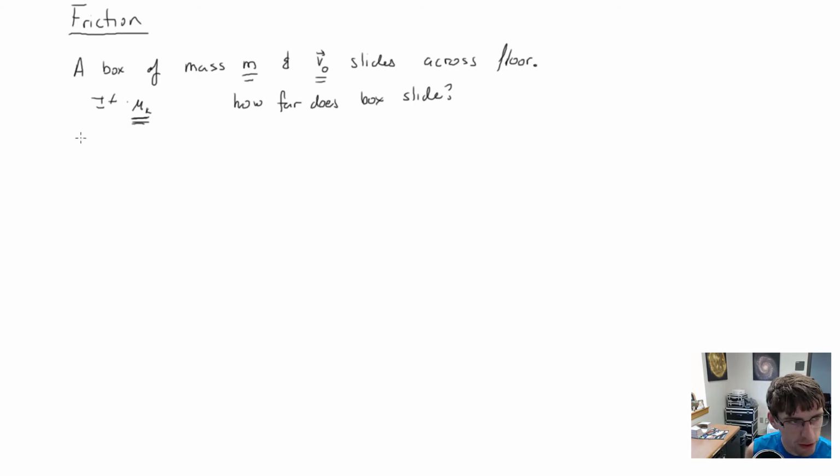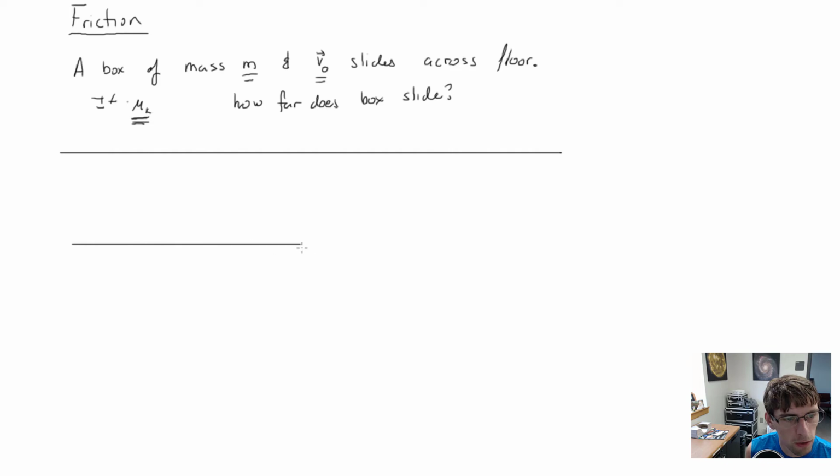So one of the first things we should do is take this word problem and turn it into a diagram. So let's get a floor. Here we go. And let's get a box. Boom. One box made to order. So it's a mass m. It's sliding along at some speed of v naught, or some velocity.